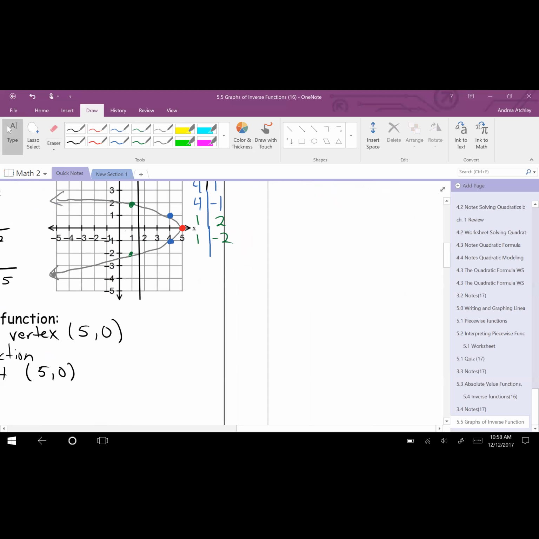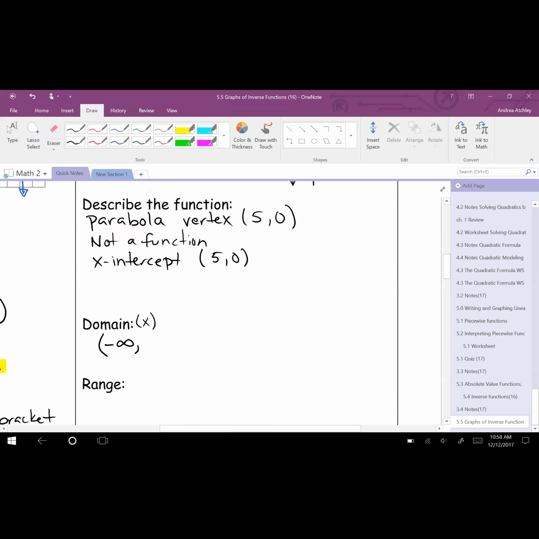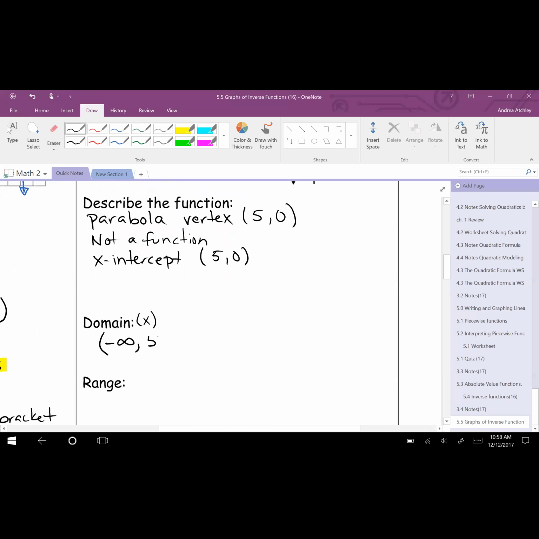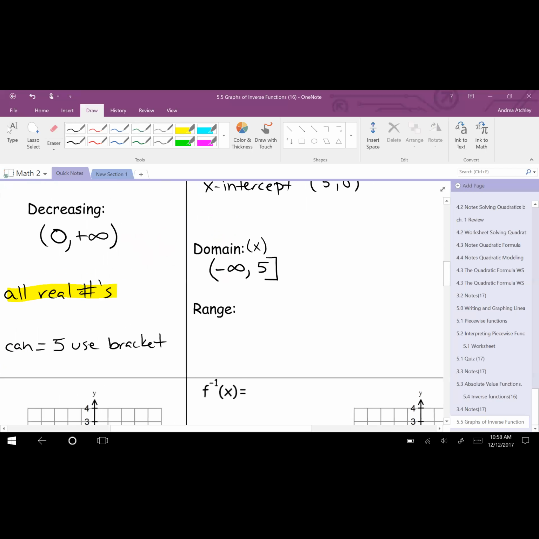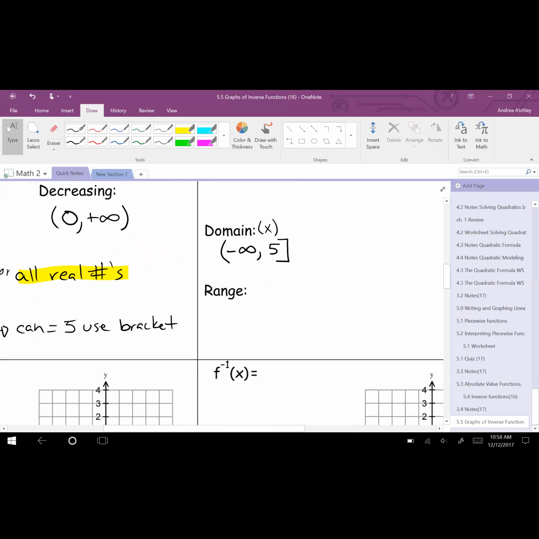Okay, how far to the right will it go? 5. Okay. So 5 is the biggest it will get. And can it equal 5? Yes, so we put a bracket. Any questions? Okay, the range. Range is the y values.